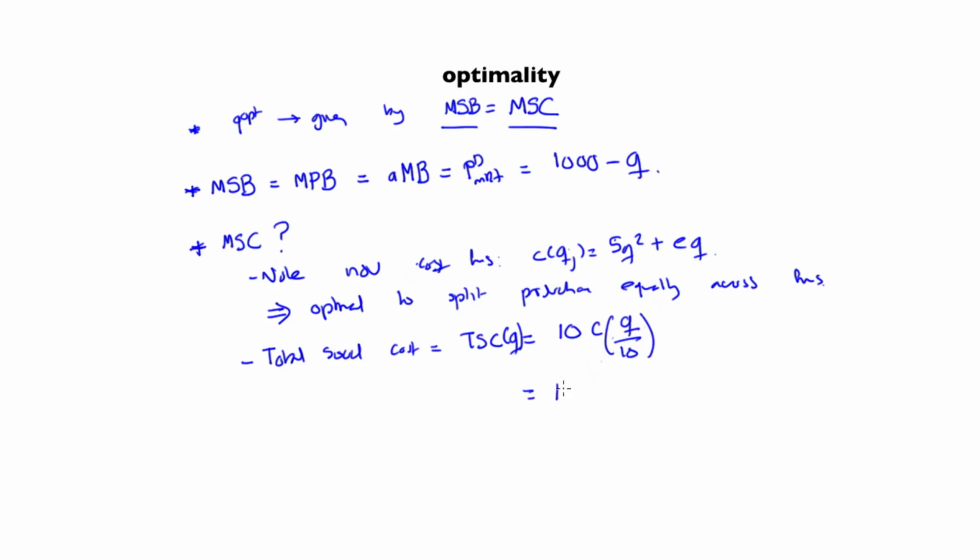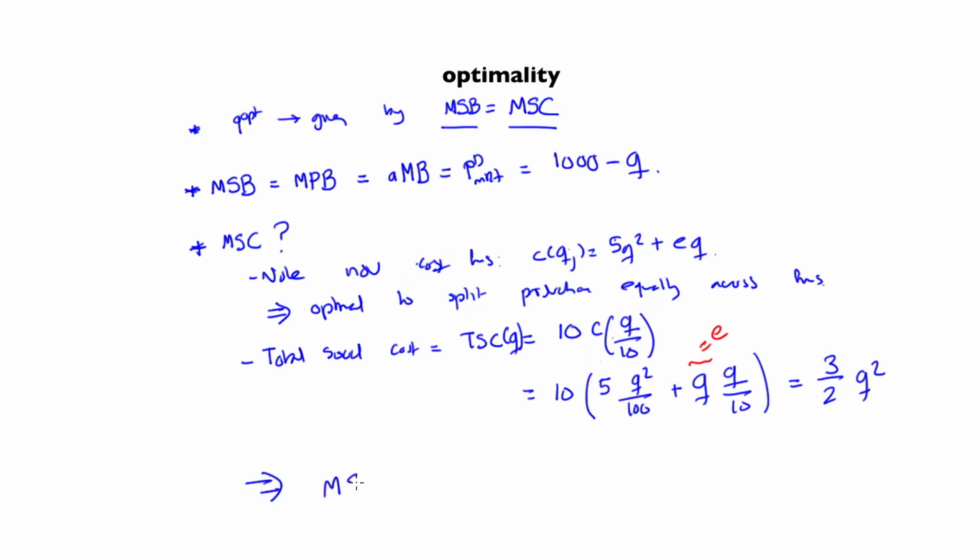This is equal to 10 times 5 Q squared over 100, plus the externality, which is going to be the total level produced, so Q times Q over 10. Notice again, don't be confused here, this term is equal to the externality. This is equal to 3/2 of Q squared. And therefore, if you take the derivative with respect to Q, we get that the marginal social cost is just 3Q.